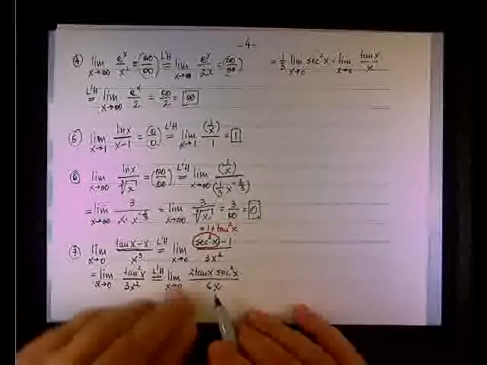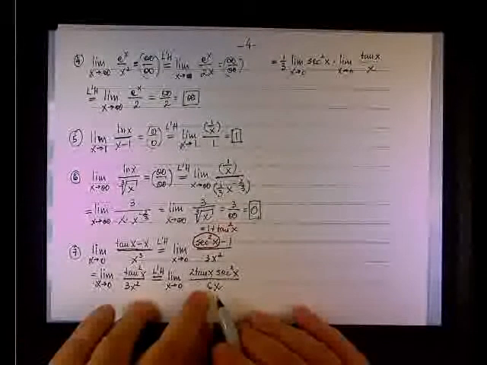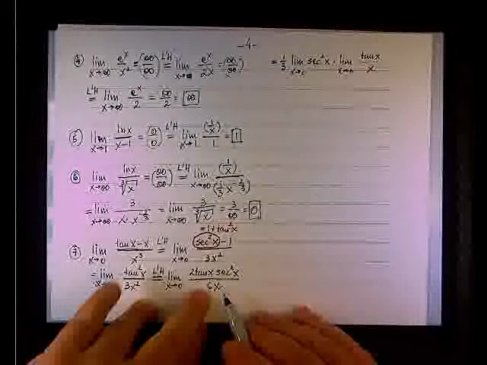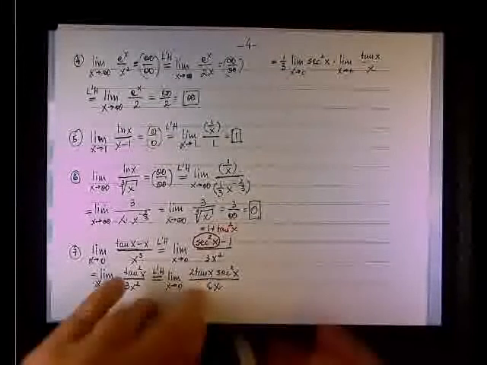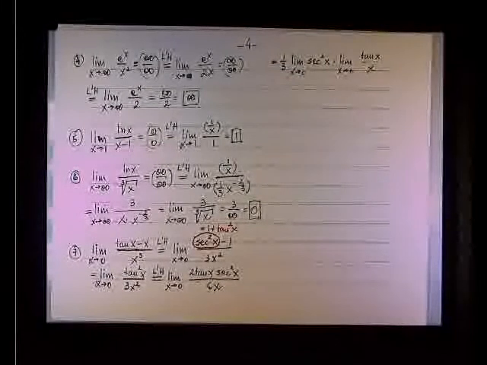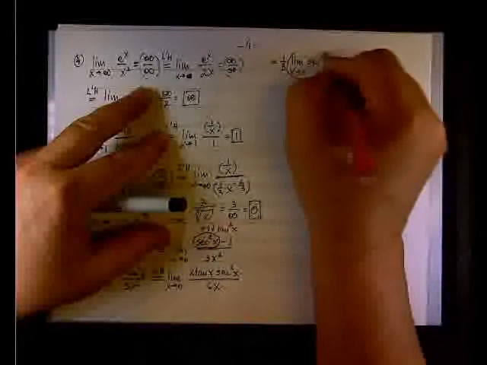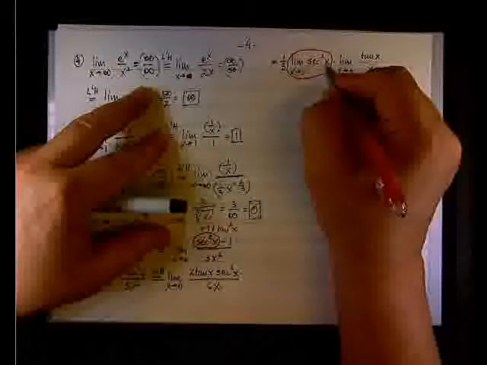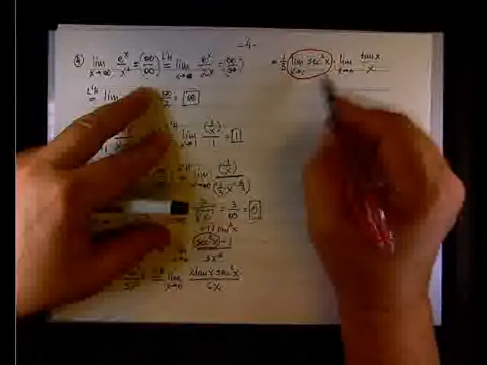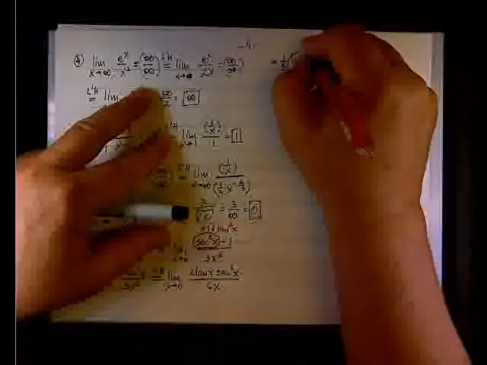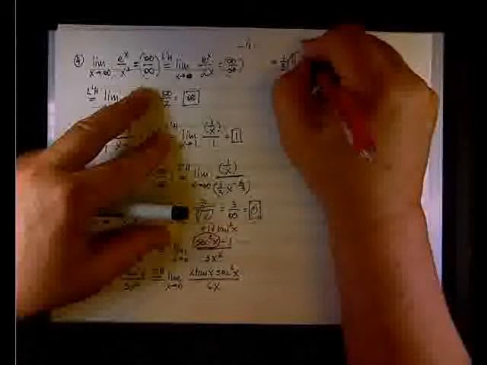So what I did, I applied the limit rule that says that the limit of a product is the product of the limits. The advantage is the following. For the limit as x goes to 0 of secant squared, I can do direct substitution. Secant of 0 is 1, so this limit is 1.